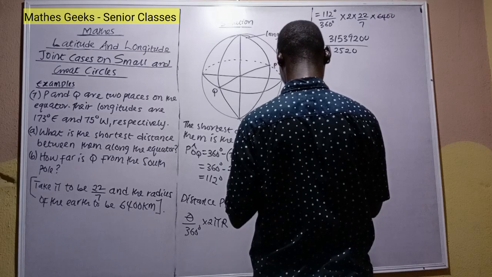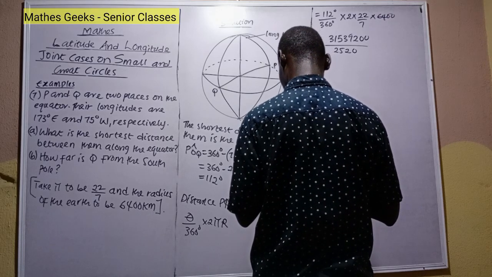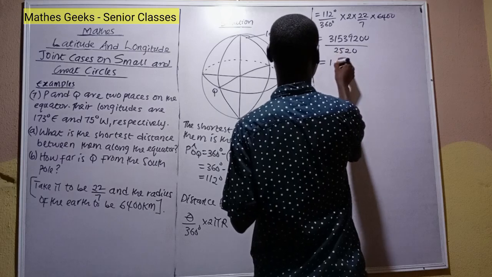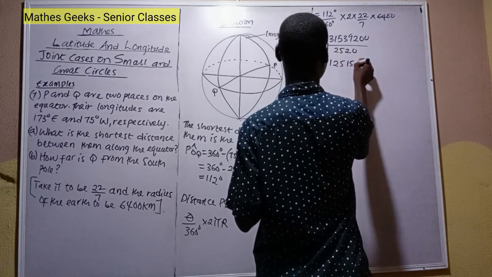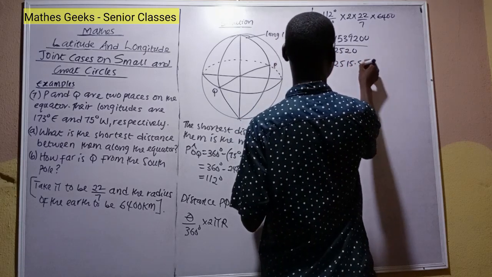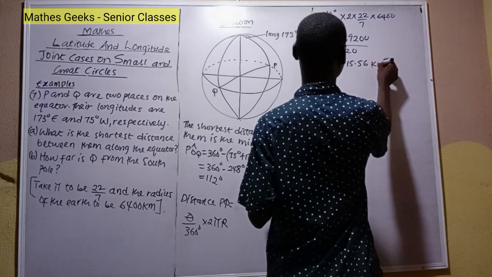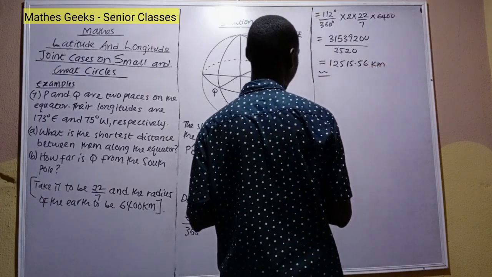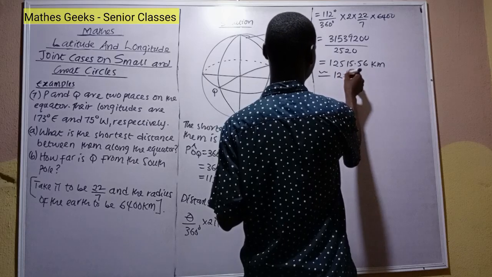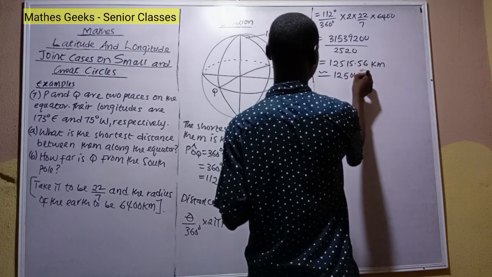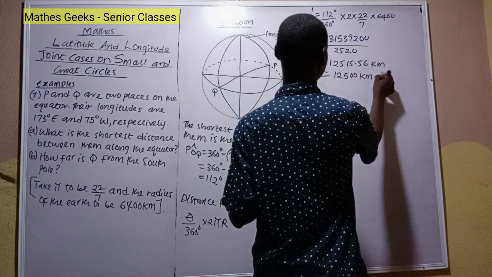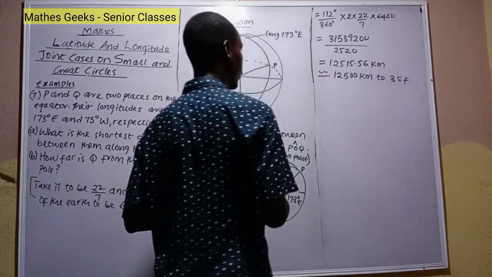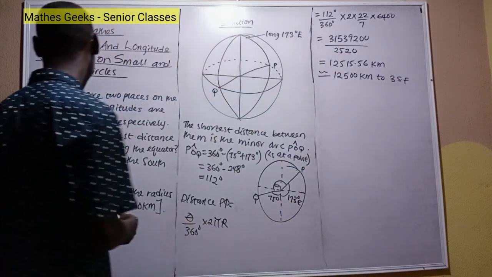This gives us 12,515.56 kilometers approximately. So three significant figures, 12,500 kilometers. So that's the final answer for part A.